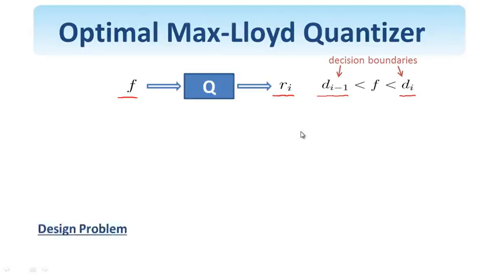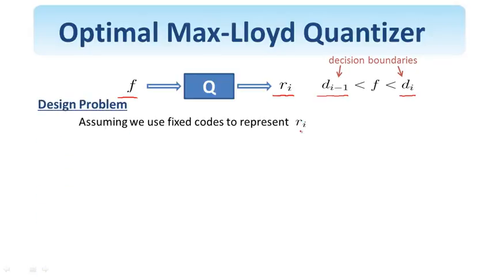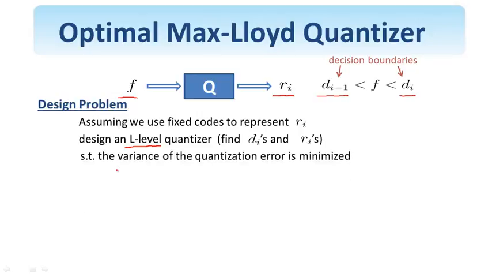So, assuming that we use fixed codes to represent the reconstruction levels, we want to design an L-level quantizer. In other words, we want to find the d_i's and r_i's so that the variance of the quantization error is minimized. This is the statement of the design problem of the optimal quantizer.